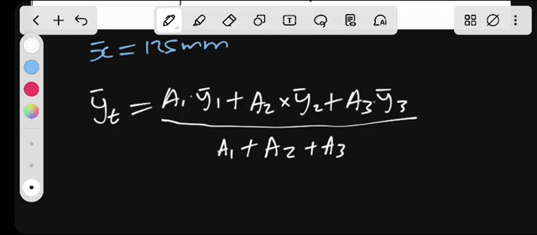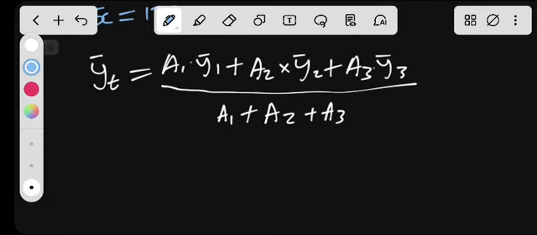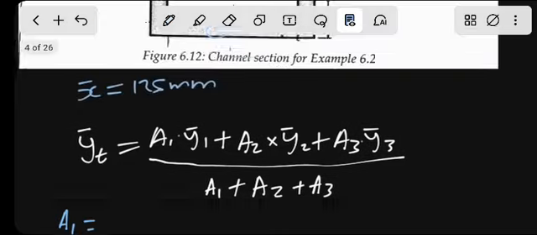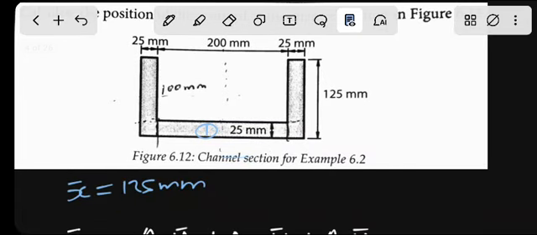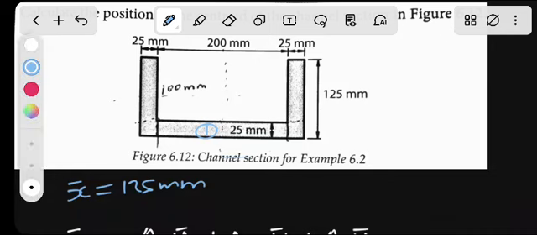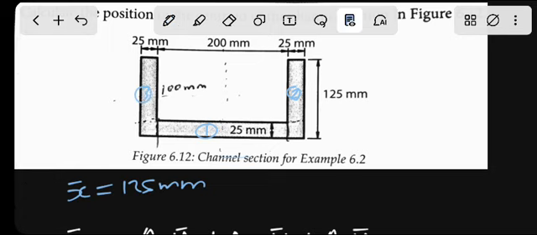We're supposed to get our areas. So let's start by finding area 1. It's up to you which one you'll prefer. This one will be area 1, this side I can call 2, and this will be 3.